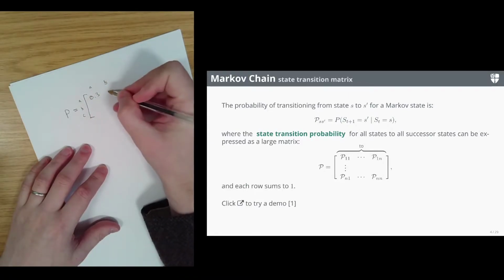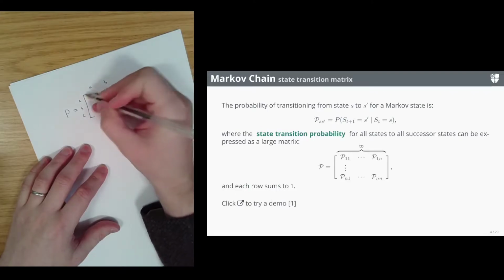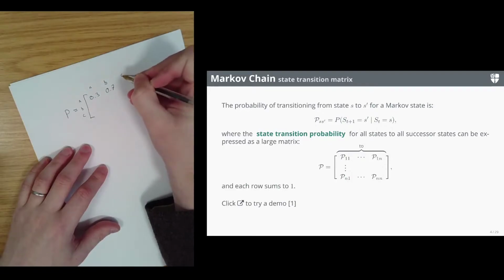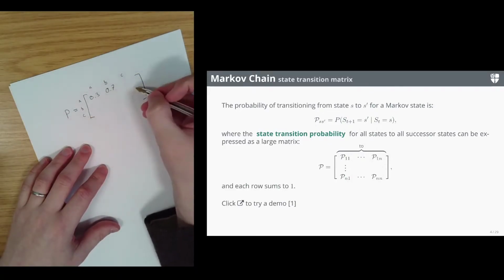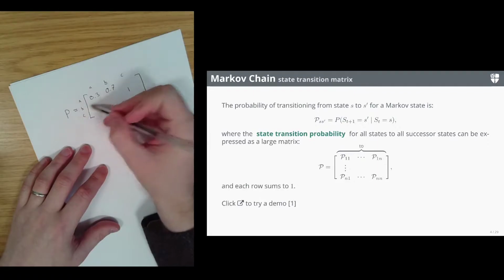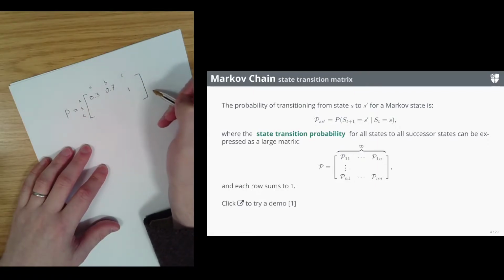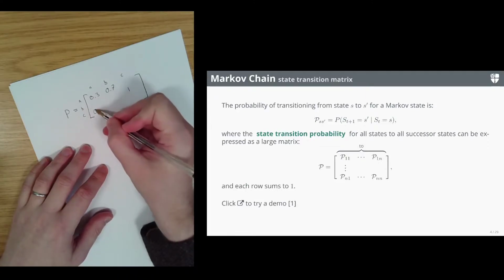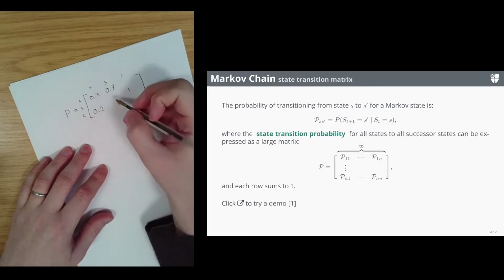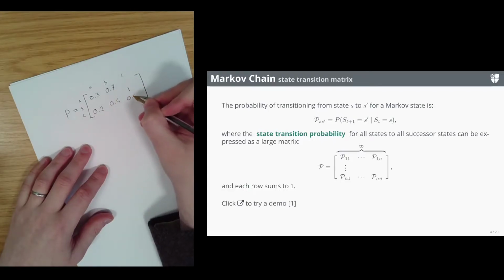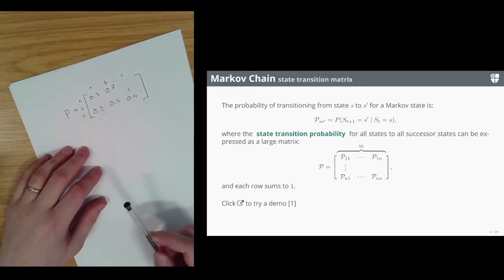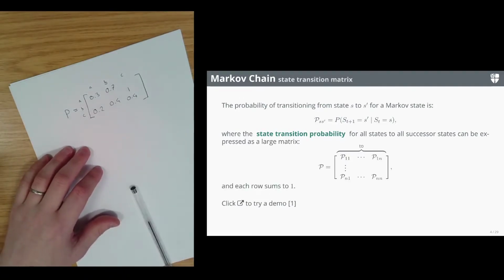Then there's a higher probability of transitioning to the next state B, and a 0 probability of transitioning to C. Then B could be, for example, a 100% probability that it always transitions to state C. And state C we could say has quite a low probability of transitioning to state A, a reasonable probability of transitioning to state B, and also a reasonable probability of transitioning to state C. So that's an example of a state transition matrix.